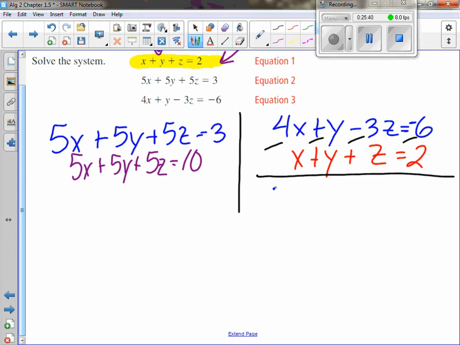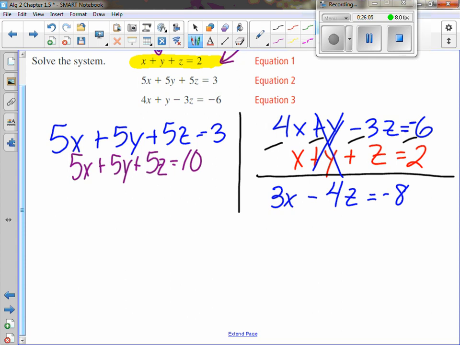Four x minus x is 3x. Y minus y. Negative 3z minus z is negative 4z. And negative 6 minus 2 is negative 8. So we have 3x minus 4z equals negative 8.